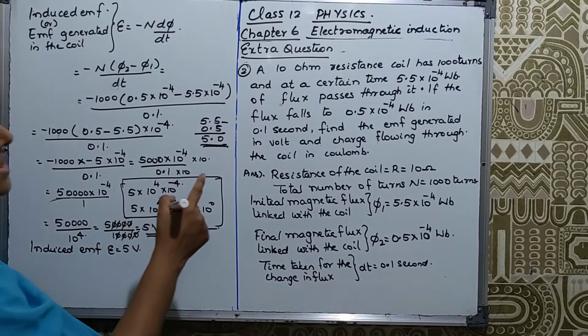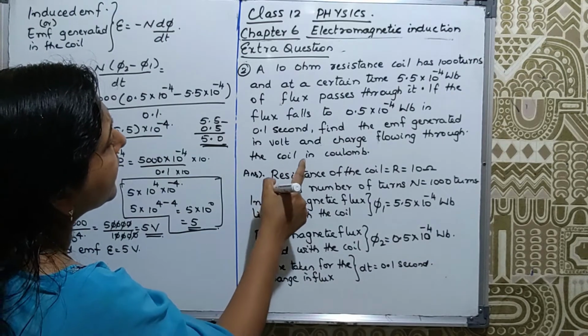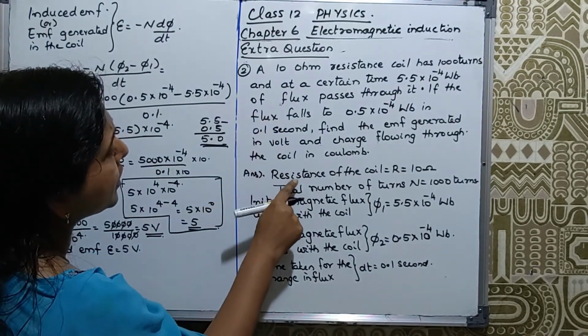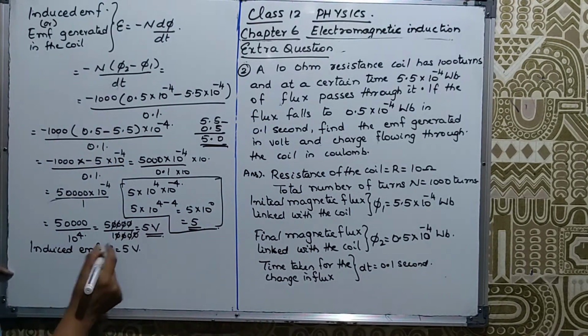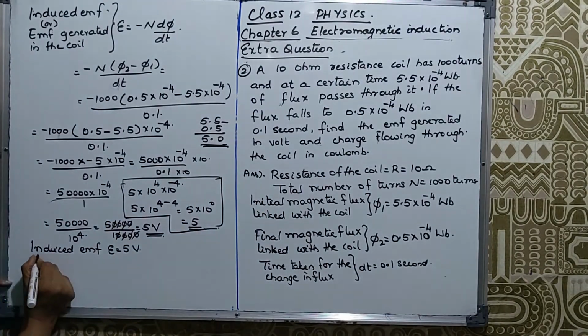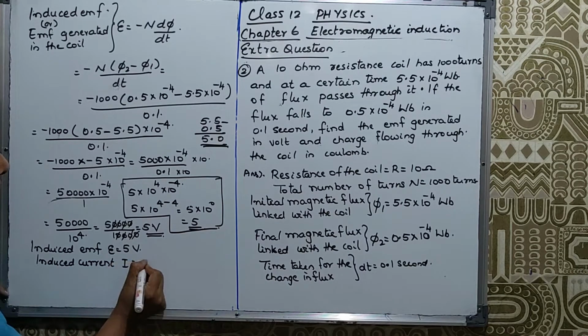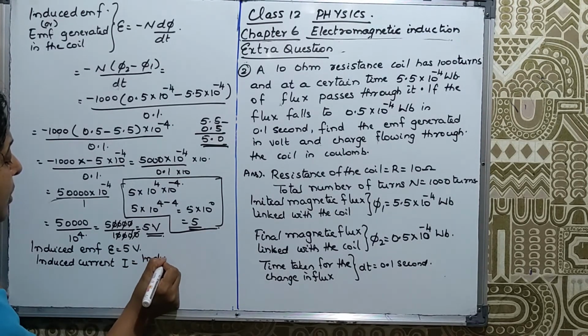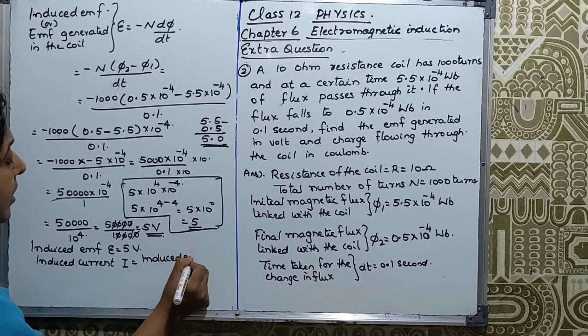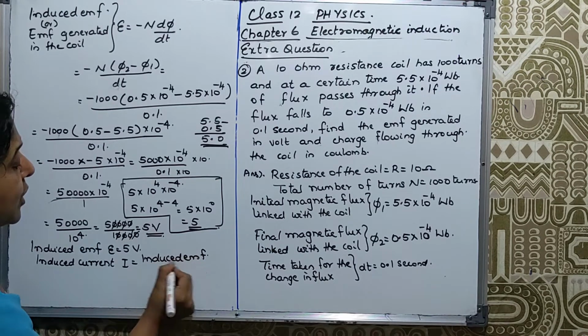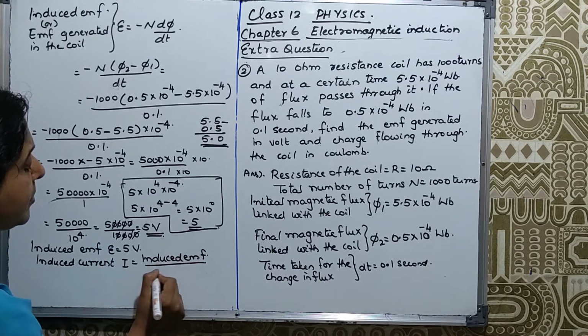Now, they gave the resistance, for a 10 ohm resistance coil. You wrote the resistance of the coil. So, induced current I equal to induced EMF epsilon divided by resistance.